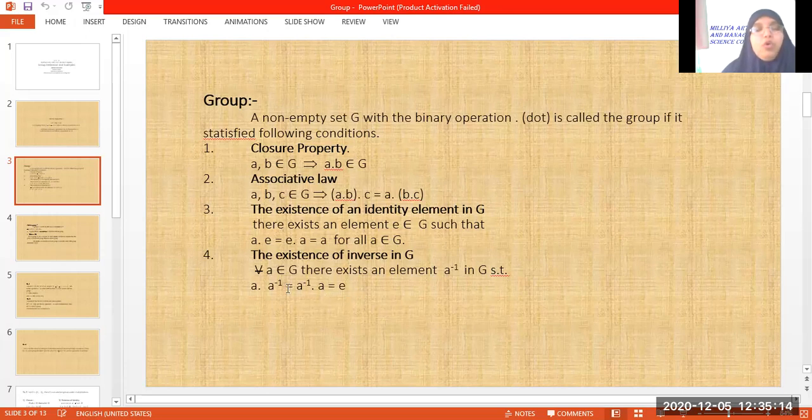Identity is 0. So minus 2 is the additive inverse of 2, or 2 is the additive inverse of minus 2.